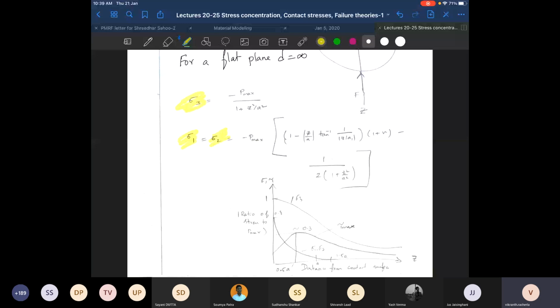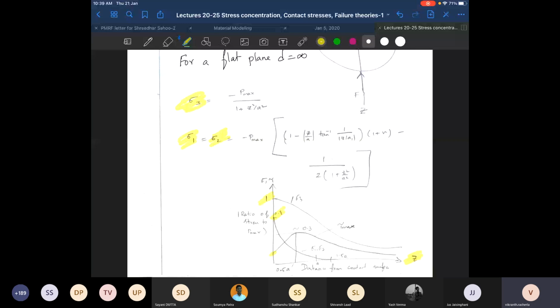Now you can plot the three principal stresses as a function of depth. Okay, you can plot sigma as a function of depth. So what do you see? So this is sigma 3, this is sigma 1 and sigma 2. And this over here is tau max.